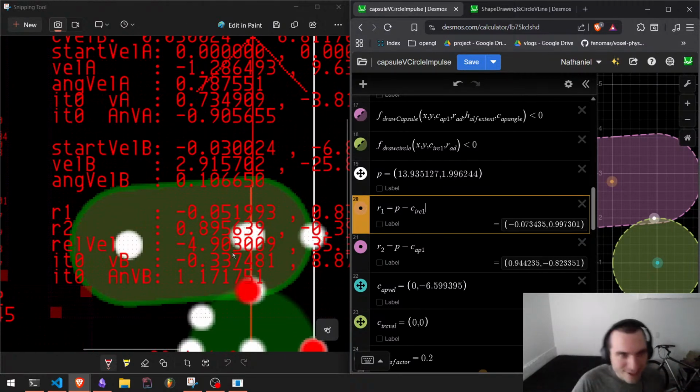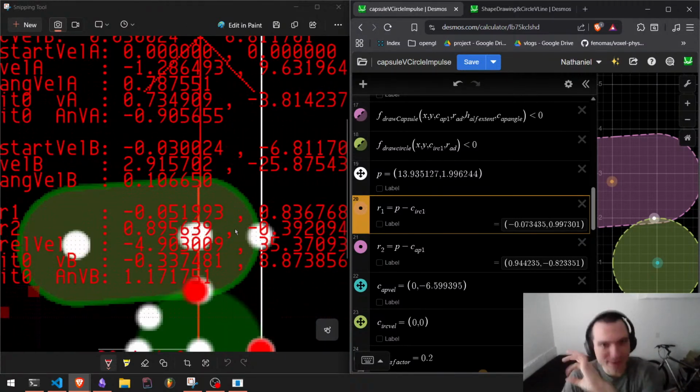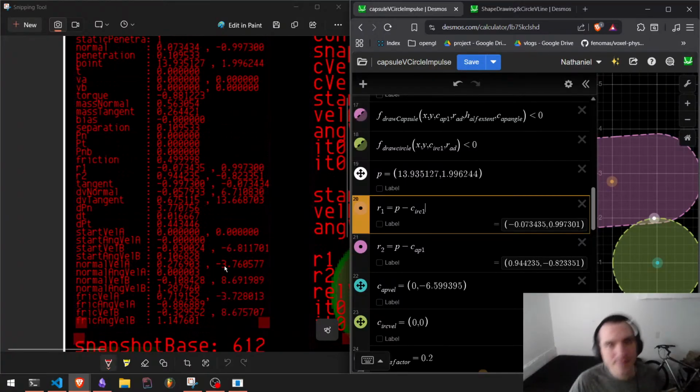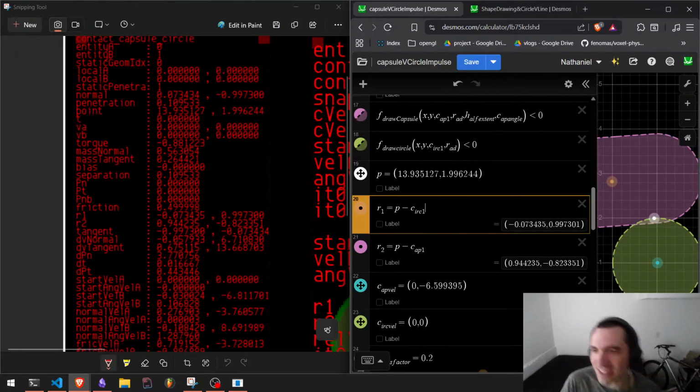We're going to calculate our own relative velocity in Desmos and compare against the engine and figure out exactly where it goes wrong. That's what we're building up to, and it's going to take a long time, for anyone who doesn't know what's going on.